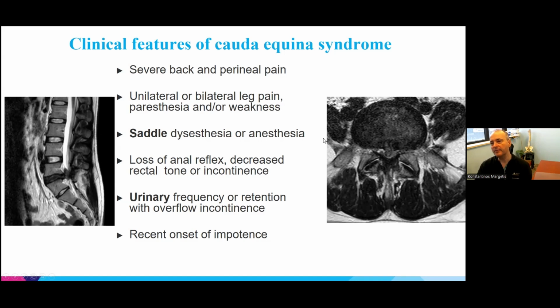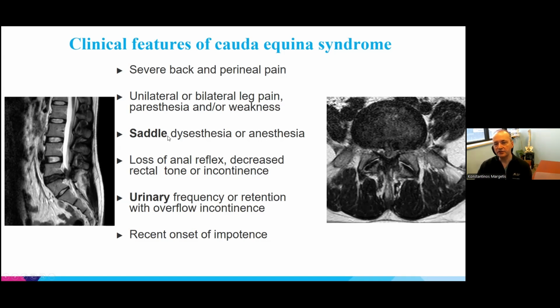So the typical symptoms are severe back pain and pain in the saddle area, perineal pain. There is also unilateral or bilateral leg pain, and there are problems in the sensation in the saddle area. That's probably one of the most sensitive findings that people with cauda equina have.